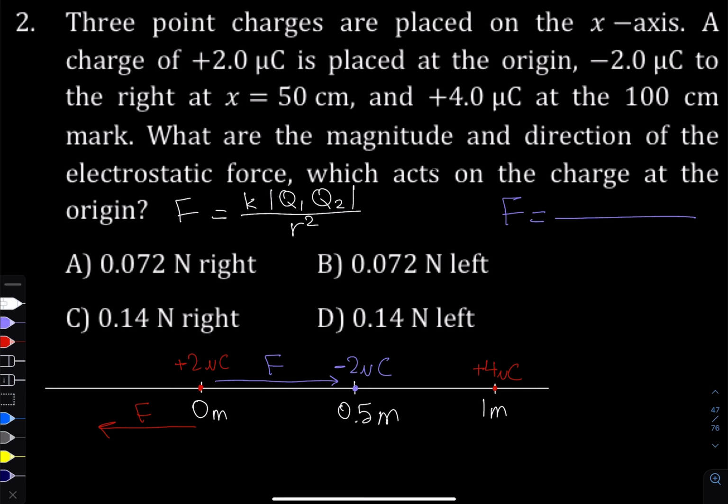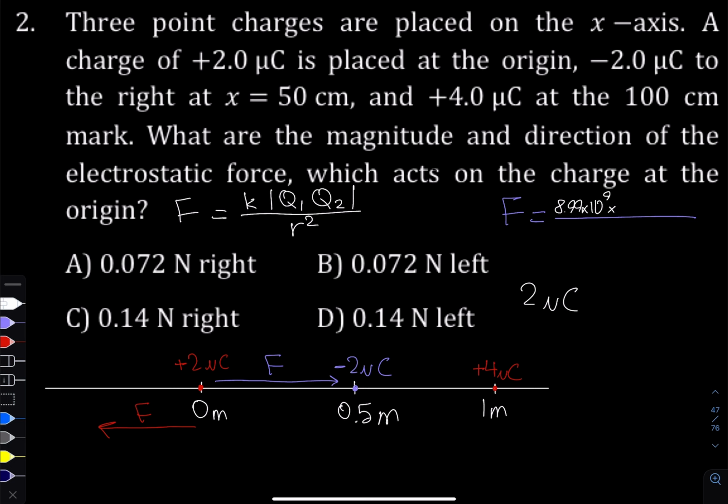Alright, so K again is 8.99 times 10 to the 9th. Is it negative 9? No, it's positive 9. Now the first charge is going to be, let's say this one, 2 microcoulombs.